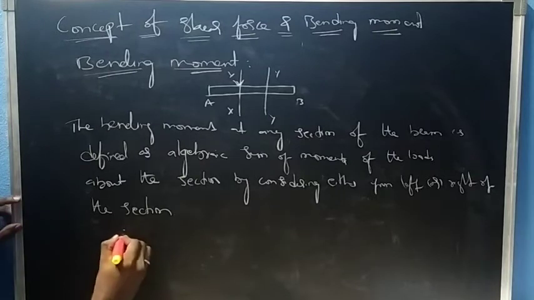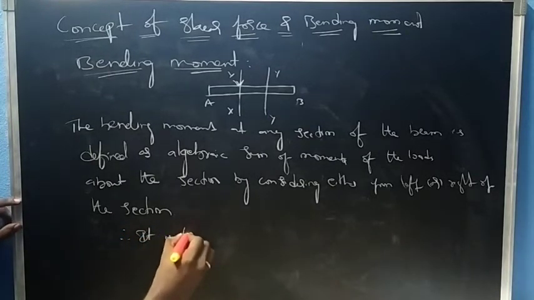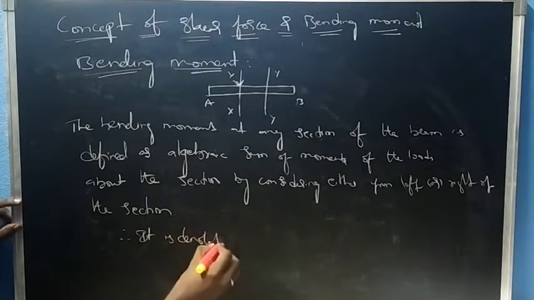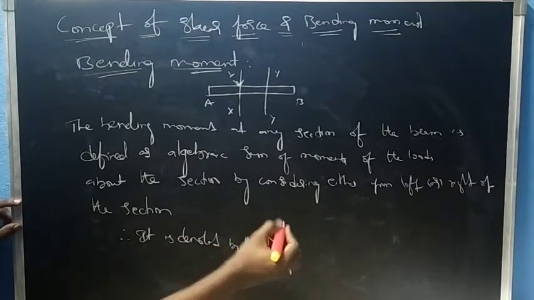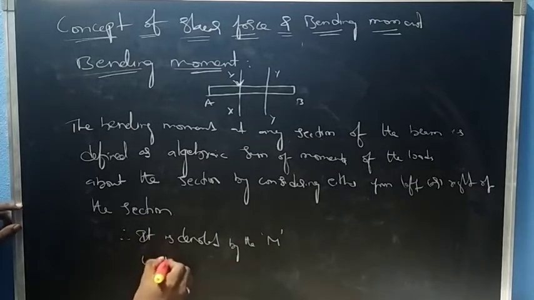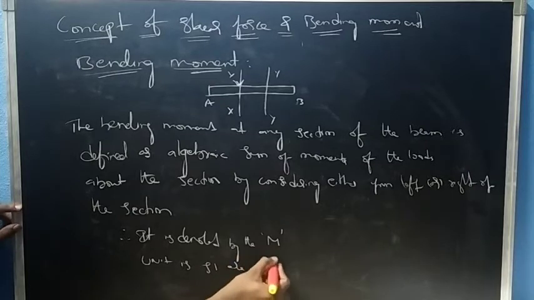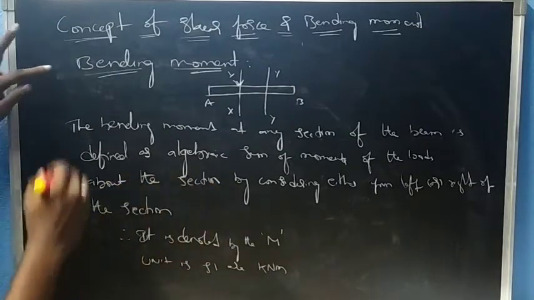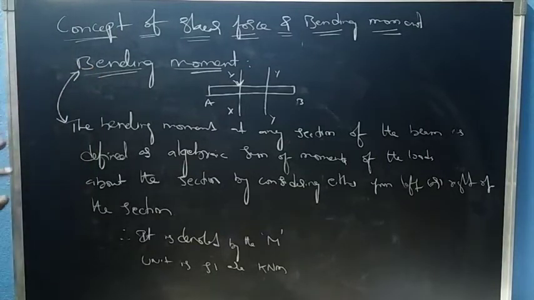So bending moment is denoted by capital M, and the unit for this in SI units is kilonewton meter. Okay, so this is all about the definition of shear force and bending moment.